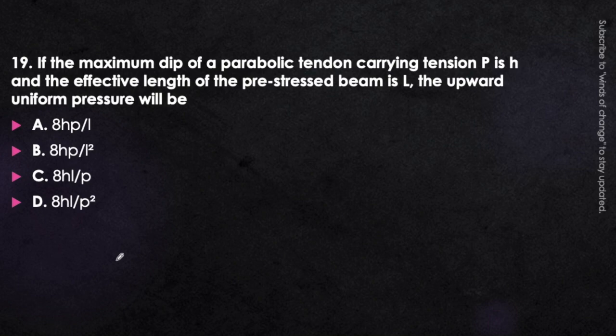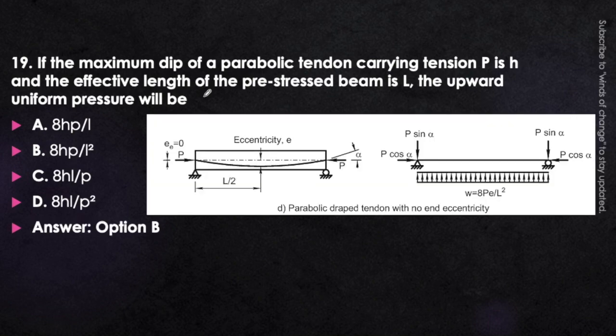We have seen two conditions before, in which first of all there was a condition of concentrated load W. In the second case there were two forces of W acting at a distance L by 3 from the end, and now it is a condition in which uniform pressure is acting. Let's say it is W, then the answer will be option B, that is 8HP upon L square.